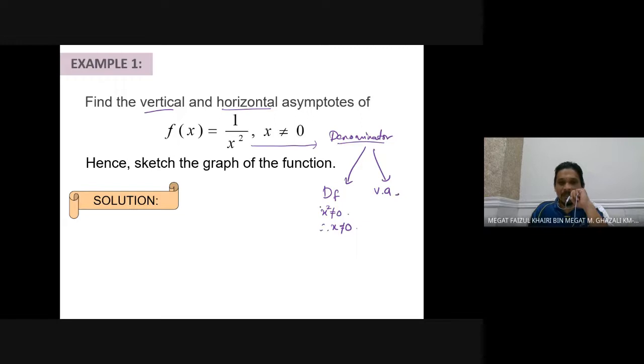So the domain of this function is from negative infinity until 0, union 0 to positive infinity. That is the first information that we get from the denominator. And the second information is the vertical asymptote, menegak, where from here we conclude that the vertical asymptote is x equal to 0.